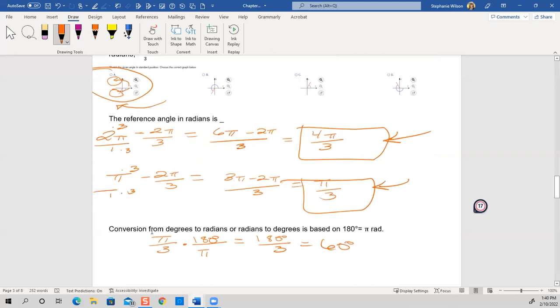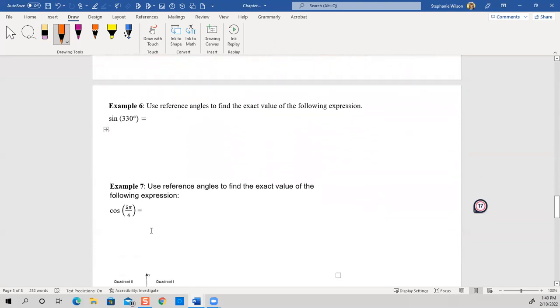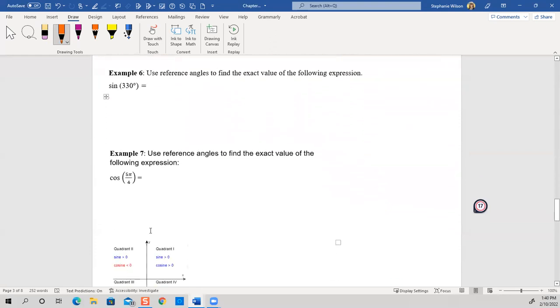So let's talk about number 6. We're going to use the reference angles to find the exact value of the following expression. If I take my calculator, well, actually you can go to the unit circle, find 330 degrees, and look at the ordered pair for cosine and sine, and what is sine.